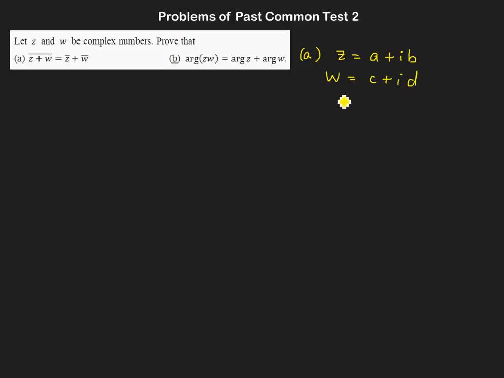Right, and so we know that the conjugate of Z is a minus ib, and the conjugate of W is c minus id. And we're going to go from the left hand side, and we'll show that in the end this is equivalent to the conjugate of Z plus the conjugate of W. And we're going to group this.